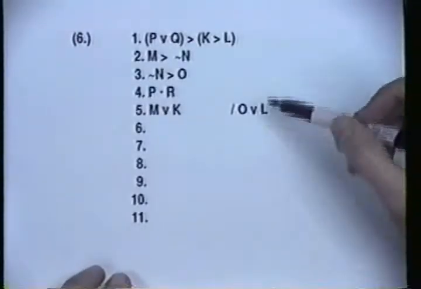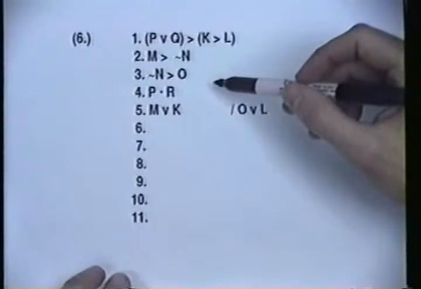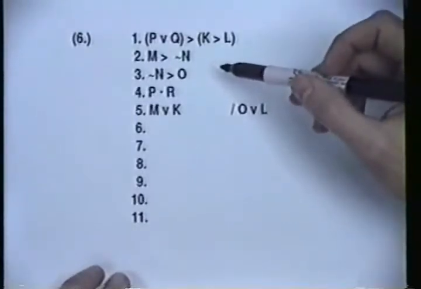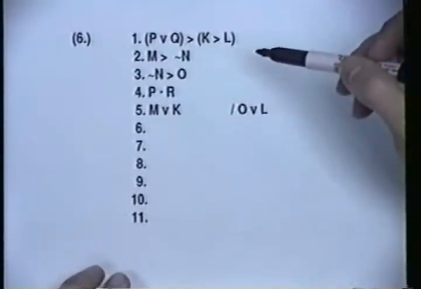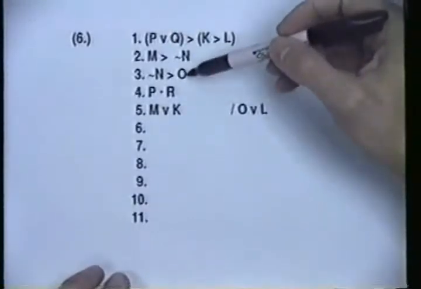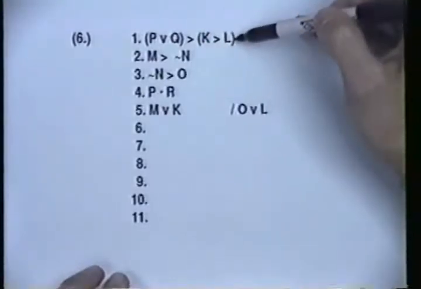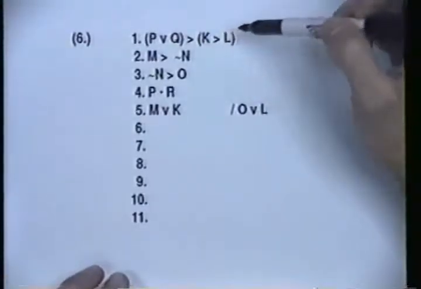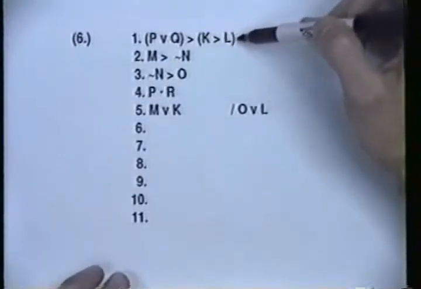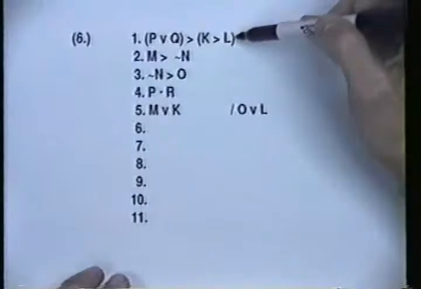And so we need to ask, do we have information here in the premises that would allow us to do a constructive dilemma move? Well, notice we do have O as the consequent of a conditional here, and we have L as the consequent of a conditional in here. So if we could get into 1 and generate K hooks L from 1, we would have one part of what we need for constructive dilemma.